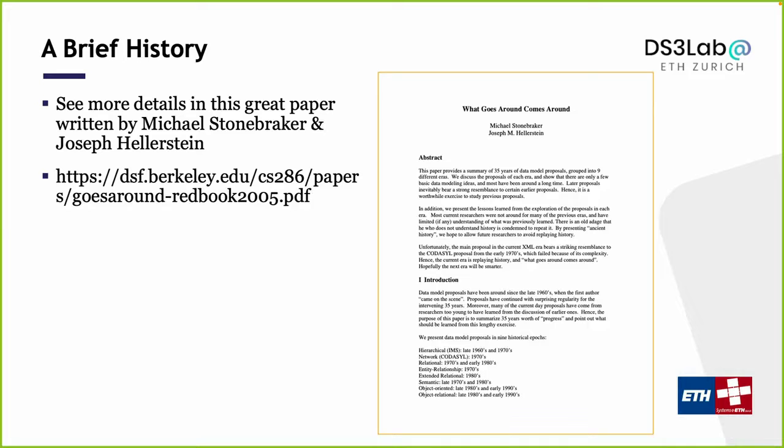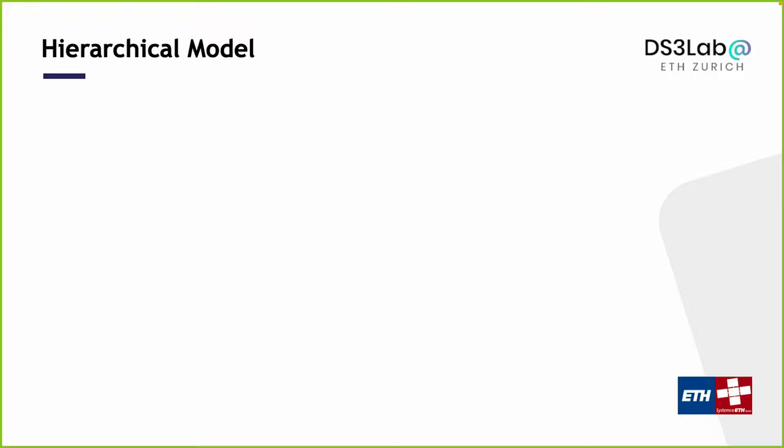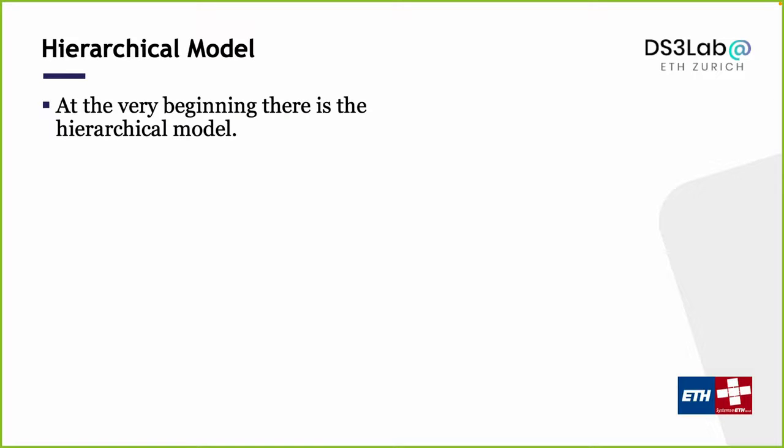So in the very, very beginning, back in the 60s, there was something called the hierarchical model, and this is actually what the first database systems looked like. We are going to see what their data model and query model were, and whether they satisfy those 4 properties or not. So in the very beginning, there was a hierarchical model, a system called IBM IMS.